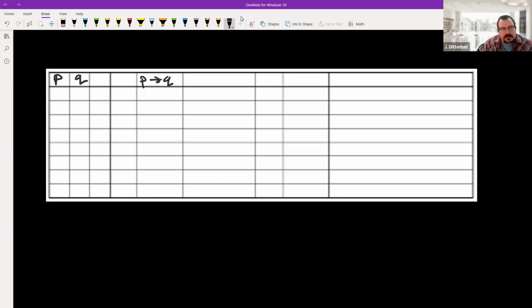So first I'll have my conditional, then I'm going to use the converse next. So I'll put the converse here. And then here we'll put the inverse, which is going to be not P implies not Q. And then lastly over here, we've got our contrapositive, so not Q implies not P.